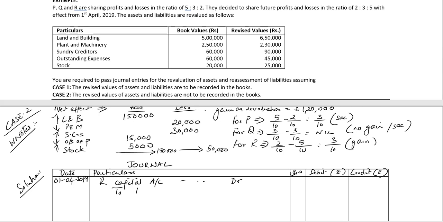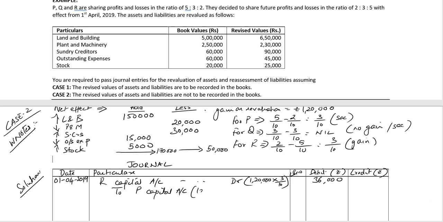To P's capital account. For R, the amount of the gain, which is 1,20,000, into R's gain, which is 3 by 10, comes up to 36,000 rupees.